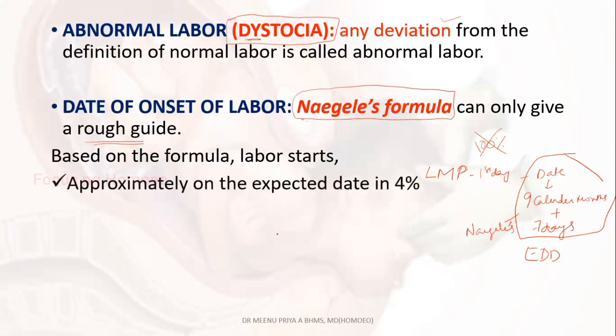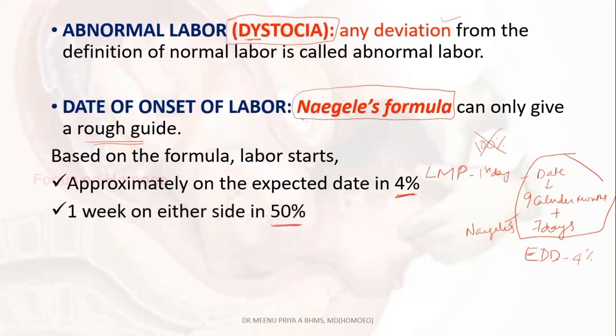Based on Naegele's formula, labor starts on the expected date in only 4%. That means you have calculated the EDD, and only in 4% of pregnant women can we expect labor to start on the same day. One week on either side in 50%.